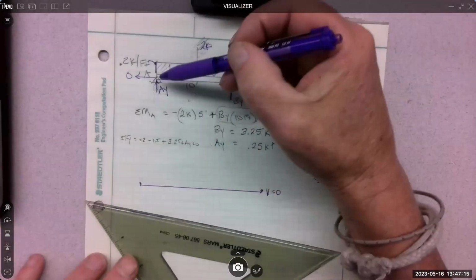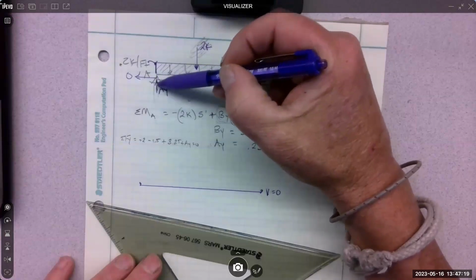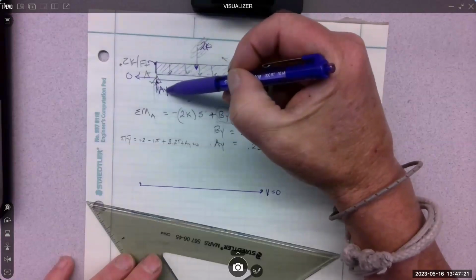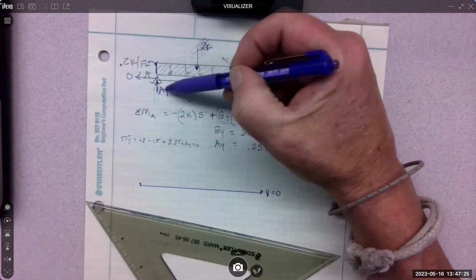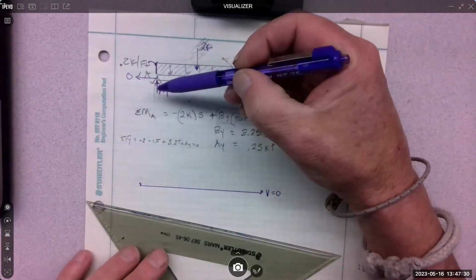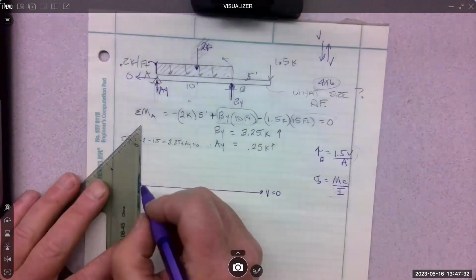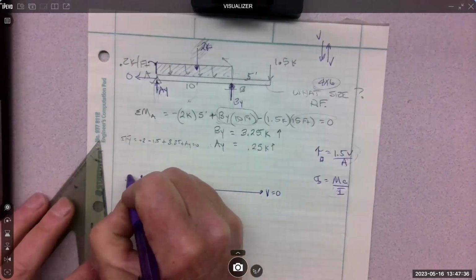So you start at the left side and right at the very end, just past this AY force, we see the AY force. And how big is it? 0.25. And which way is it pointing? Up. So my graph at the very end, I go up 0.25.